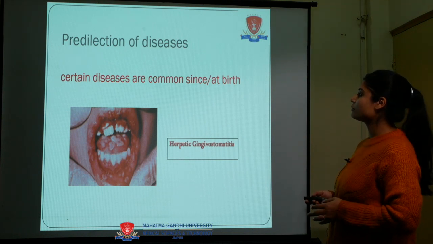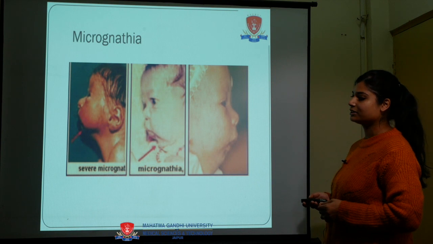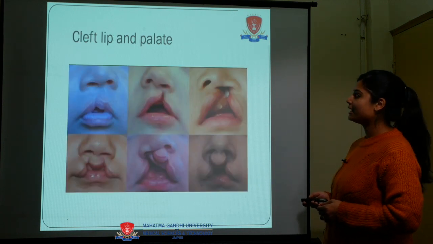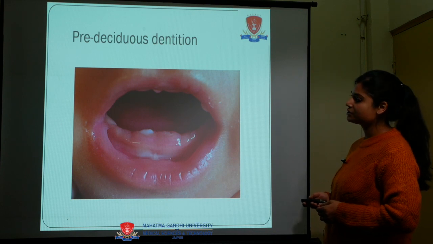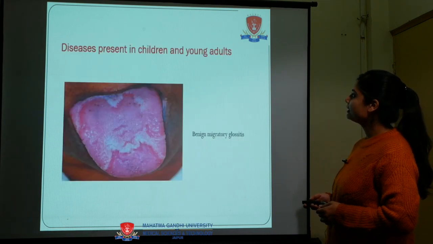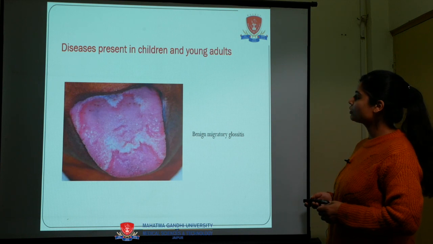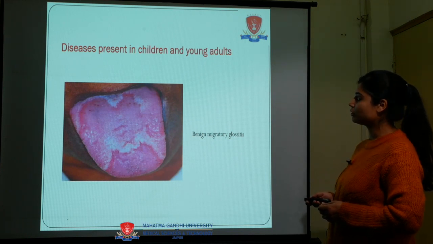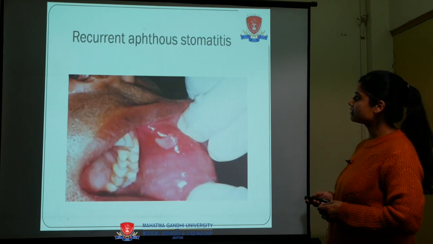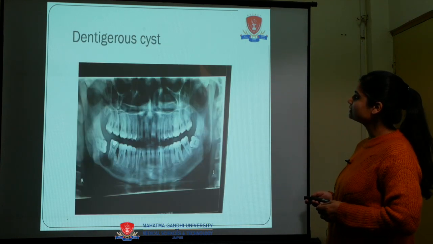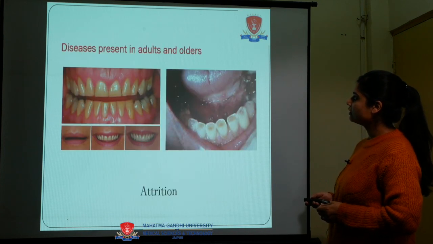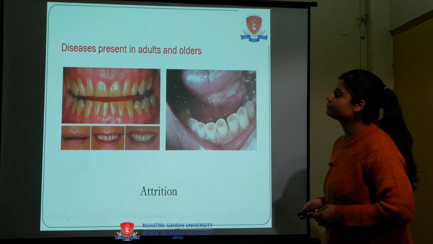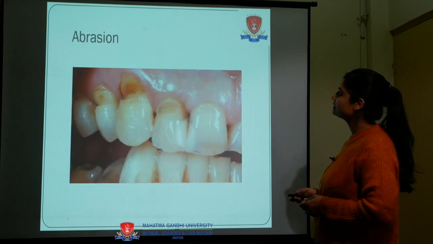Certain diseases are common since birth, for example micrognathia, cleft lip and palate, ankyloglossia, predeciduous dentition, hemophilia. And these are the common diseases present in children and young adults. Benign migratory glossitis, pemphigus, recurrent aphthous stomatitis, dentigerous cyst, infectious mononucleosis, and these are the common diseases present in adults and elders.